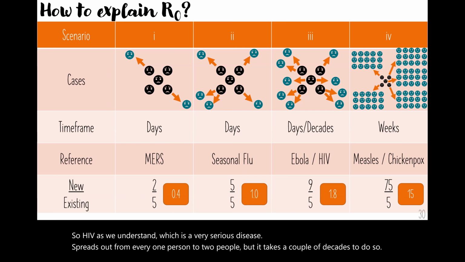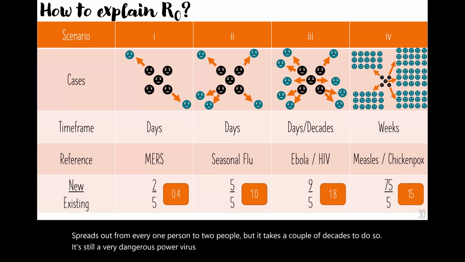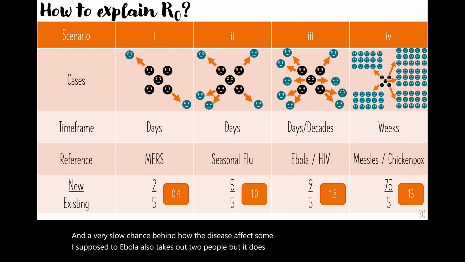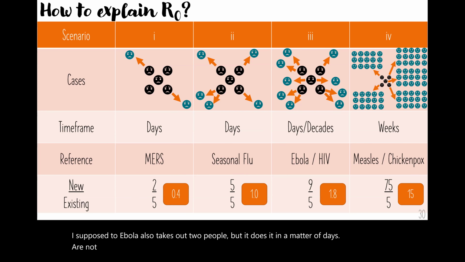It's still a very dangerous virus, and it's still a very dangerous disease, but it takes forever to do so. So that means more chances for infections and a very slow chance behind how the disease affects them. As opposed to Ebola, also takes out 2 people, but it does it in a matter of days. R naught is not the number that you're looking for, nor is the CFR. These are numbers that take forever to calculate.